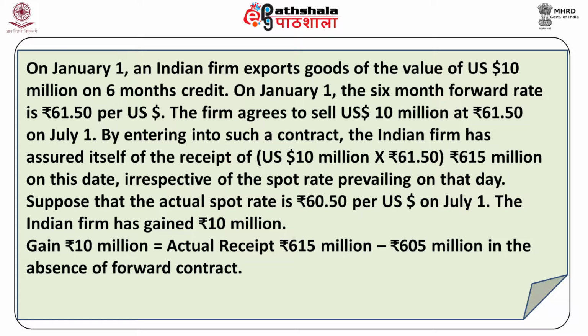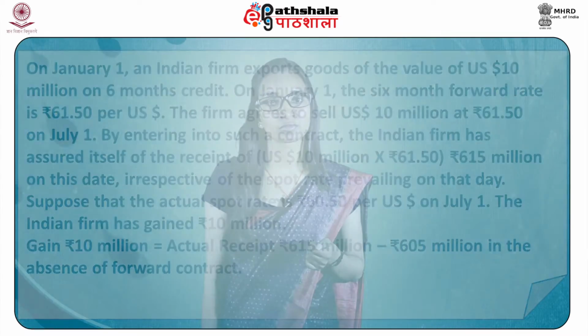Gain 10 million rupees is equal to actual receipt, that is rupees 615 million minus rupees 605 million in the absence of forward contract. The above example highlights that the forward rate contracts eliminate exchange rate risk.